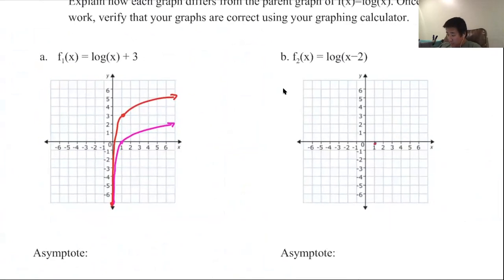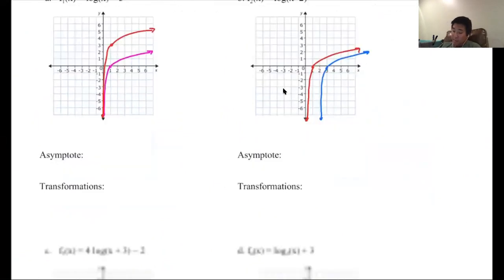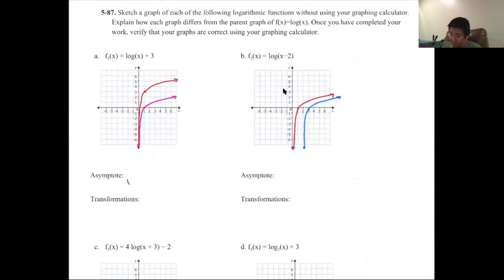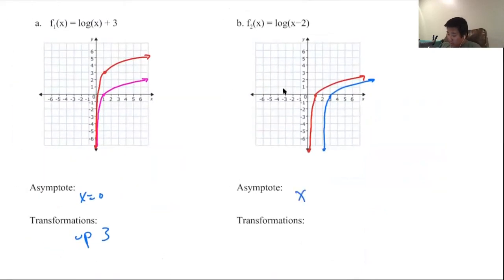So this is the normal graph, and you go right 2. This asymptote is x equals 0. The transformation is up 3. This one, you moved it to the right 2, so it's x equals 2, and the transformation is right 2.